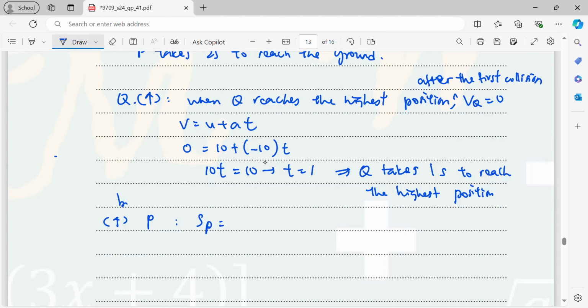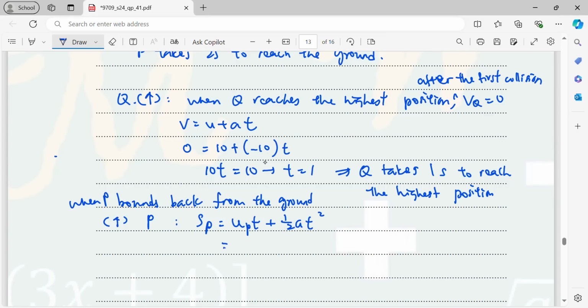This is bounce back. When P bounces back from the ground, my SP equals UPT plus half AT squared.